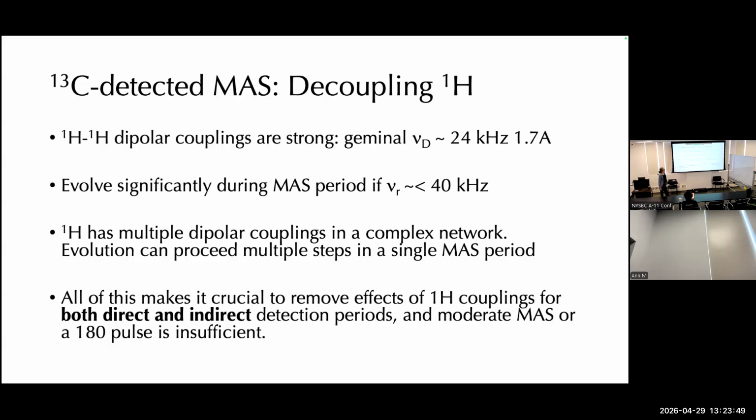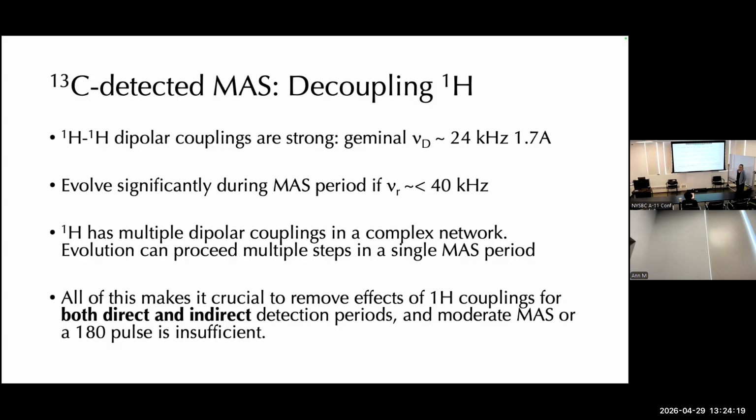And we were in some of the sugars, all of the amino or most of the amino acids can have geminal pairs of protons, and those are only about 1.7 angstroms away from each other, right? And they have couplings that are like 20 and 30 kilohertz. And that's pretty strong, you know?